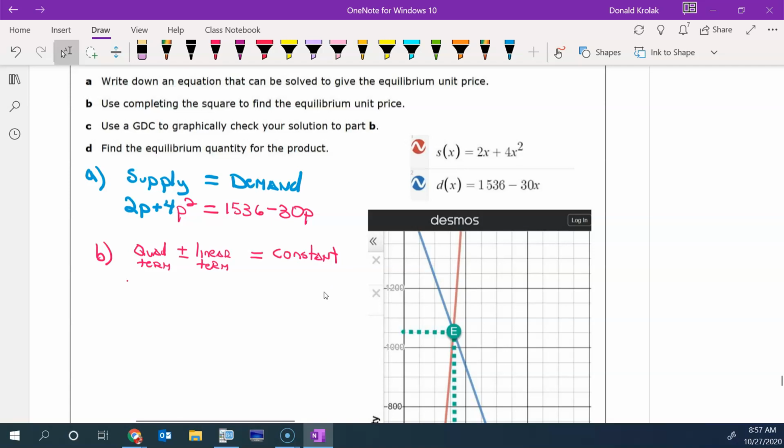All right, so there's my quadratic term. Okay, 2p is my linear term. Okay, and now I'm going to add 30p to both sides. And now I'm almost ready to solve it. 32p equals 1536.